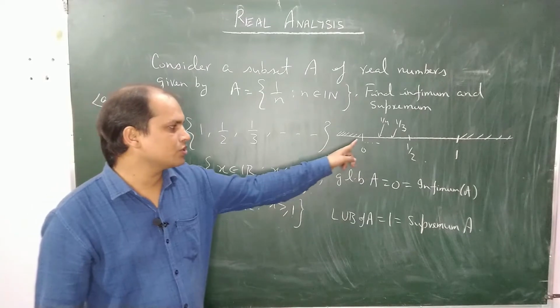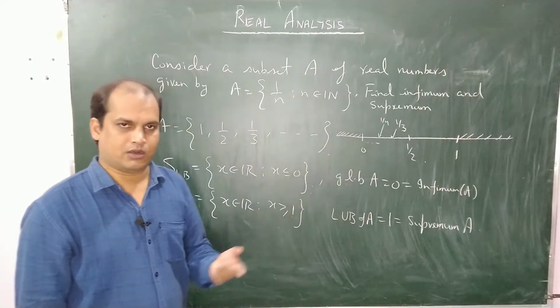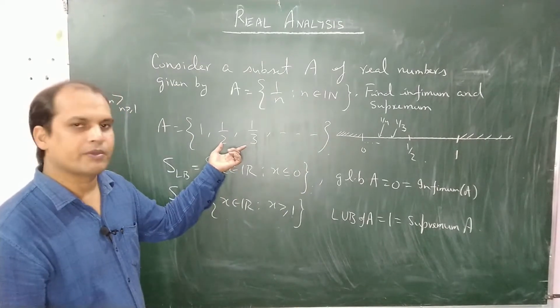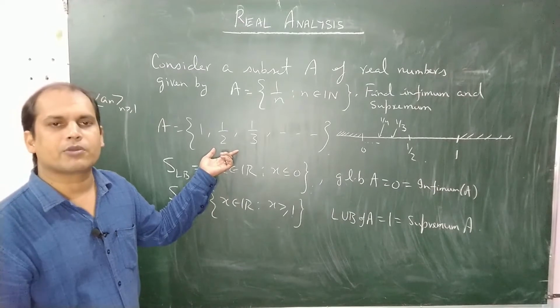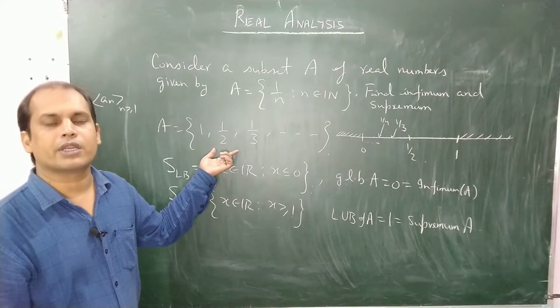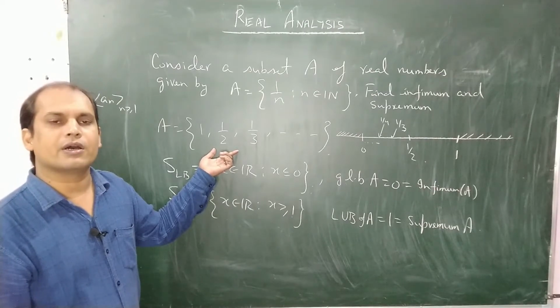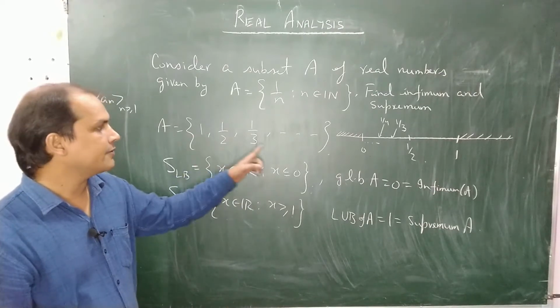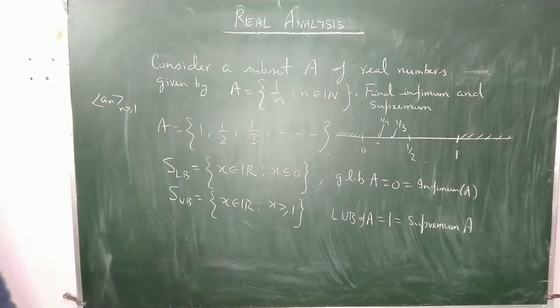Any number close to 0 from the right seems that it may be a lower bound for this set. But I am going to show you, using the Archimedean property of real numbers, that any number strictly greater than 0, however small, can never be a lower bound for this set. So for that, let me rub this out.